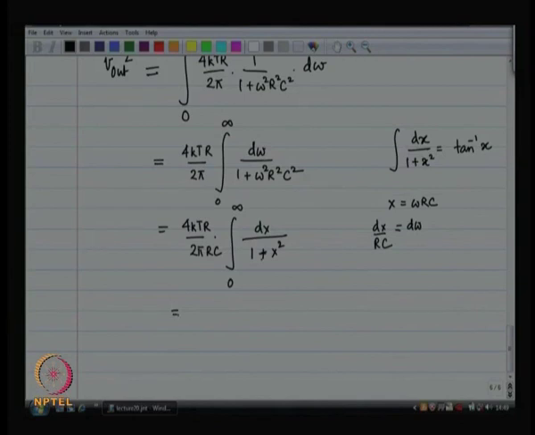And then I use my integral from wherever you have studied integration. All right. Now, as x tends to infinity, tan inverse of x is basically equal to pi by 2. As x tends to 0, tan inverse of x is 0.